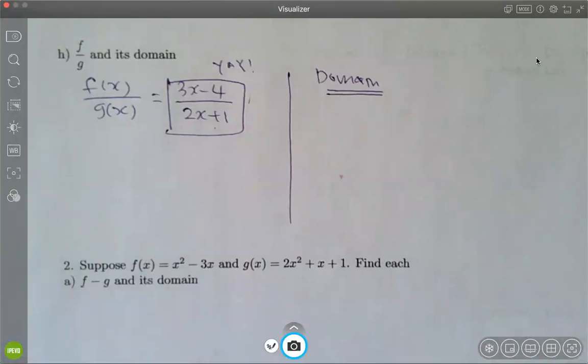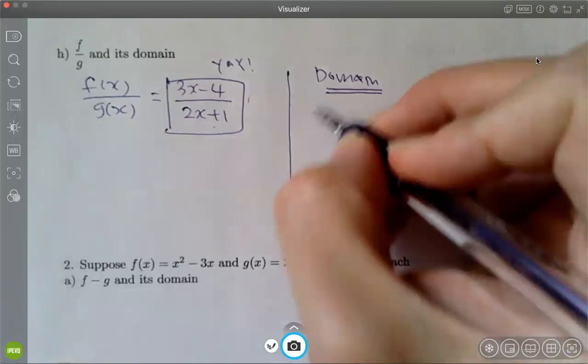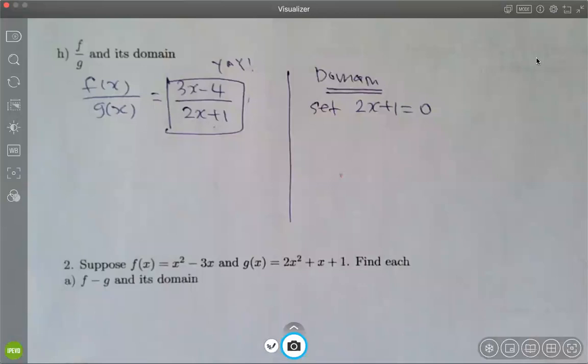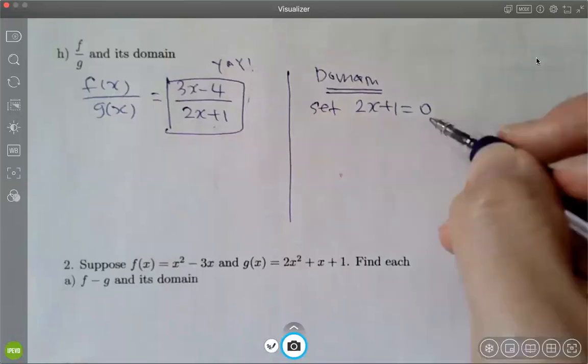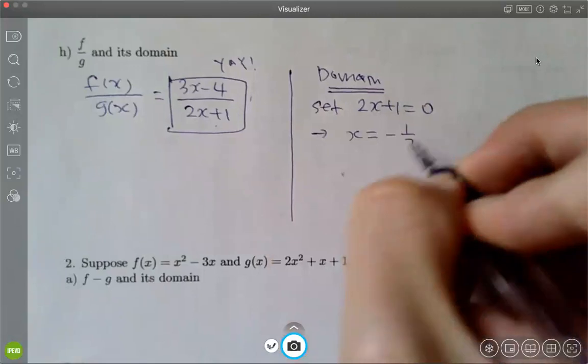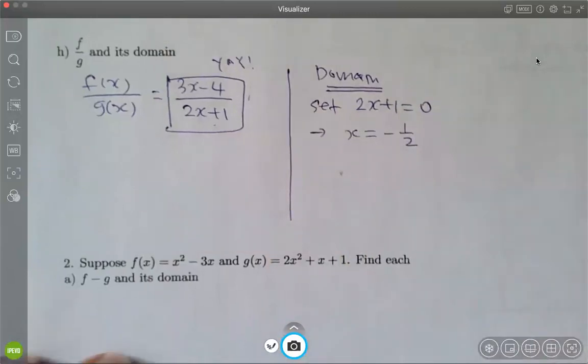Yeah, so what do you have to do? Find the so-called bad values, right? Remember that? So you set the denominator equal to 0. Okay, so what do you get? Subtract 1 and divide by 2. So you can easily verify that x is equal to -1/2, right?